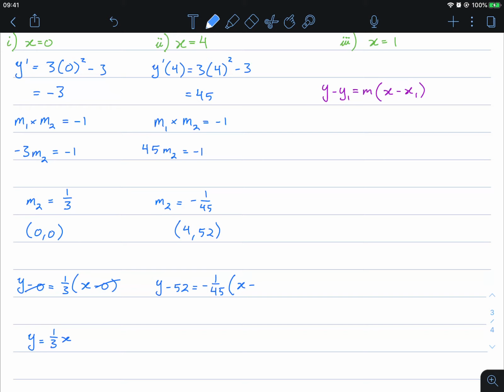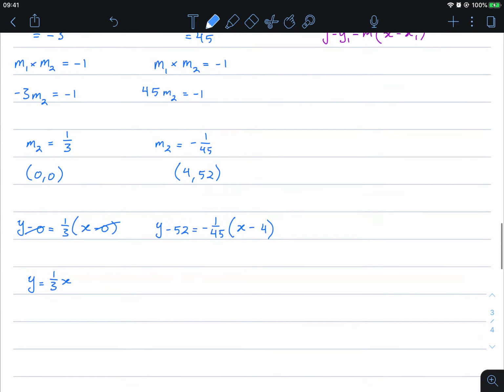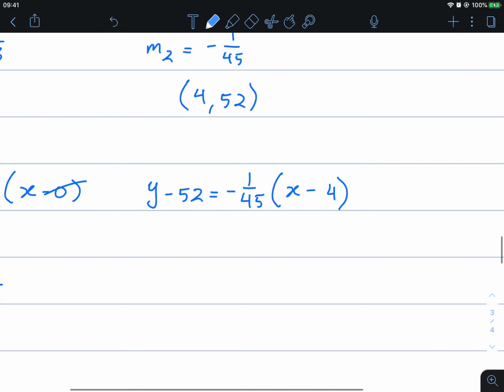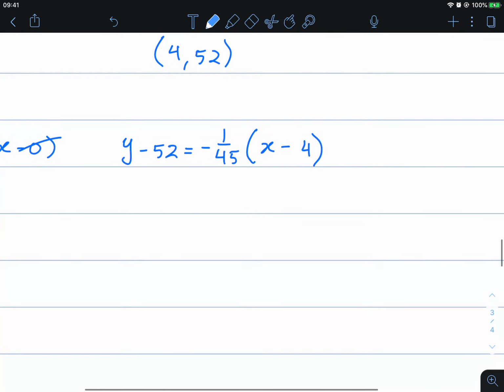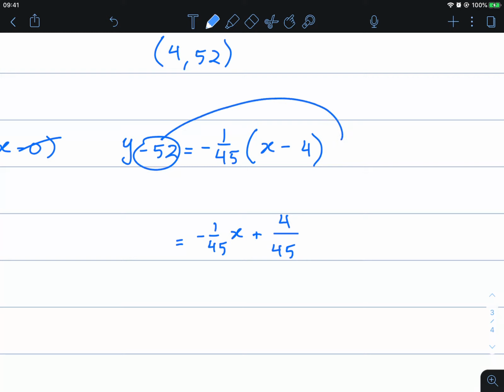It's x minus x1, which is 4. Expanding this, we get, let's use some more lines. This becomes -1 over 45x plus 4 on 45. Moving 52 to the other side, this becomes plus 52.